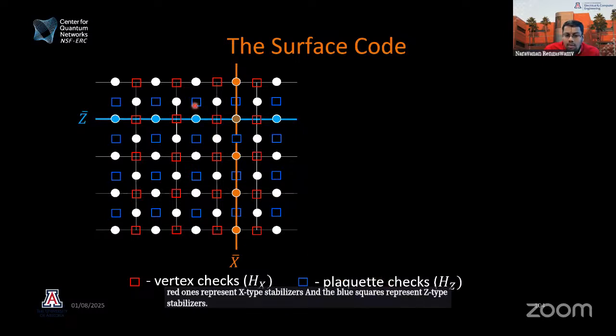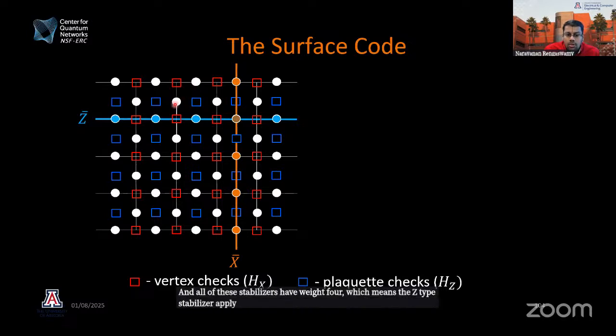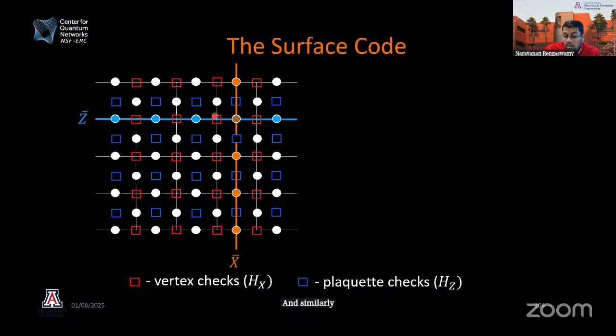And all of these stabilizers have weight 4, which means the Z-type stabilizer applies Z on this qubit, Z on this qubit, Z on this qubit, Z on this qubit, and the eigenvalue should be +1. And similarly, this X-type stabilizer applies X, X, X, X, and the eigenvalue must be +1. And then the logical X operator spans a vertical line.